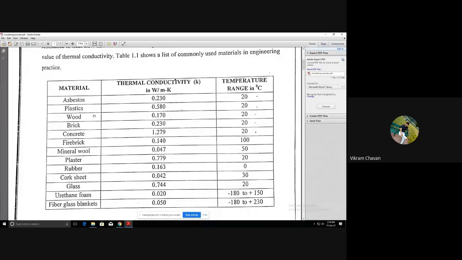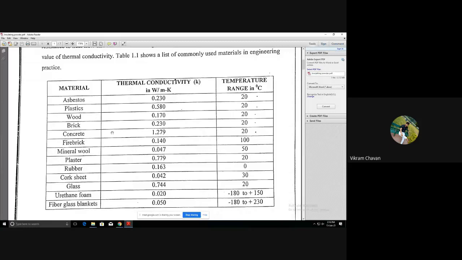In that case, we are trying to isolate that particular zone, the international conference hall, from the outside environment. So whatever coolness is created inside the room will remain for a long time in that room, if there is no heat leakage.